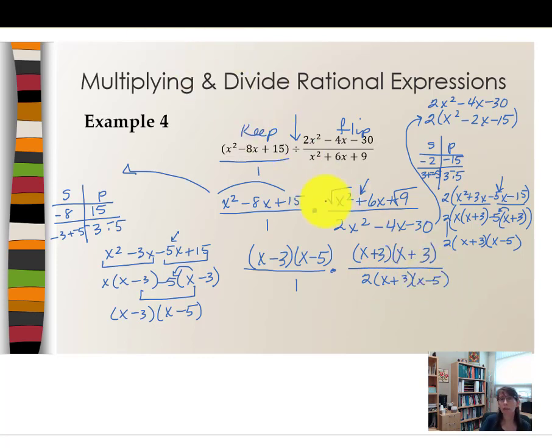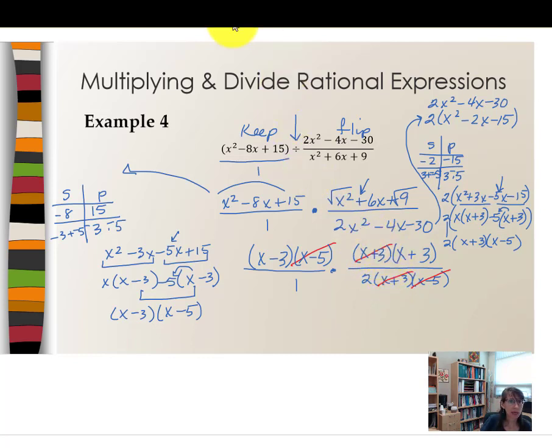Let's look for any common factors now to reduce. The first one I see is x minus 3, but I do not have x minus 3 in the denominator. X minus 5, we do have another common factor. Quantity x plus 3, that will match. Don't cross all of them out. Remember, it's a 1-to-1 relationship, not all of them.